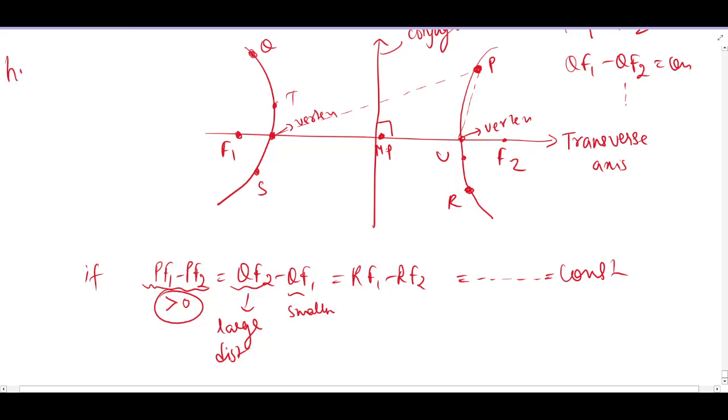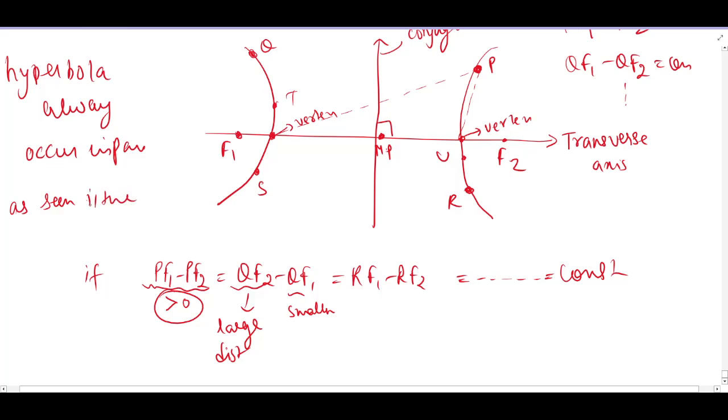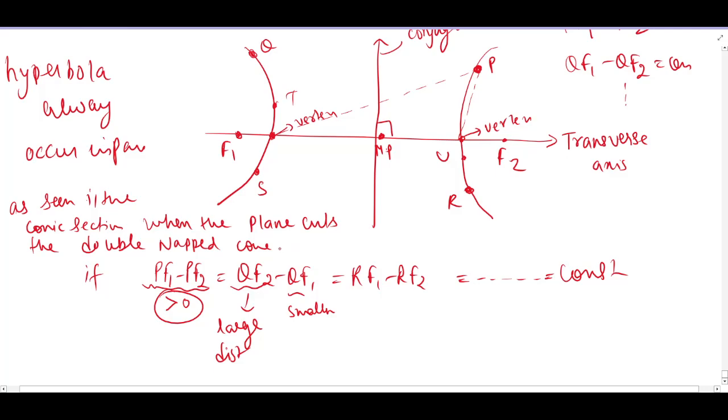Hyperbola always occurs in pair, as seen in the conic section, when the plane cuts the double napped cone, we get two sections.